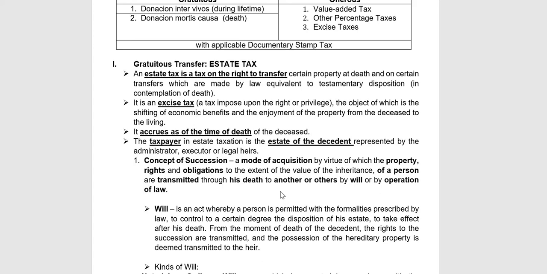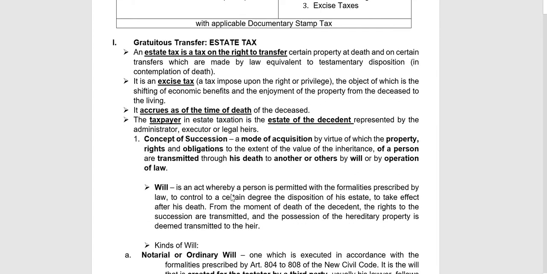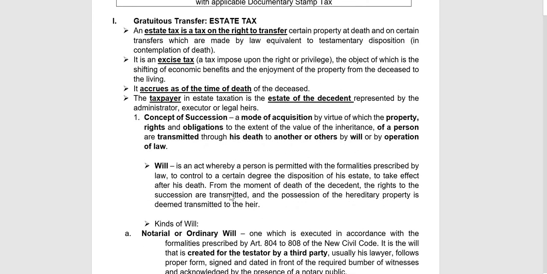So it can be testamentary or intestate succession. If by will, that's testamentary succession. A will is an act whereby a person is permitted, with the formalities prescribed by law, to control to a certain degree the disposition of his estate to take effect after his death.